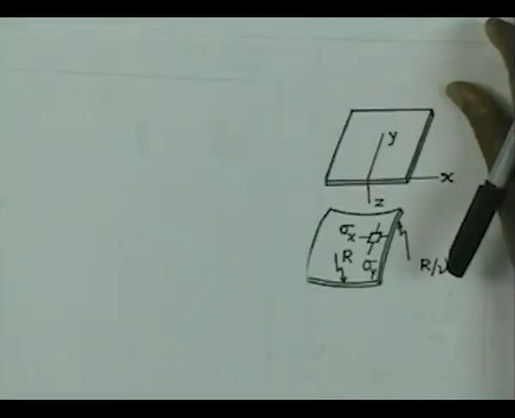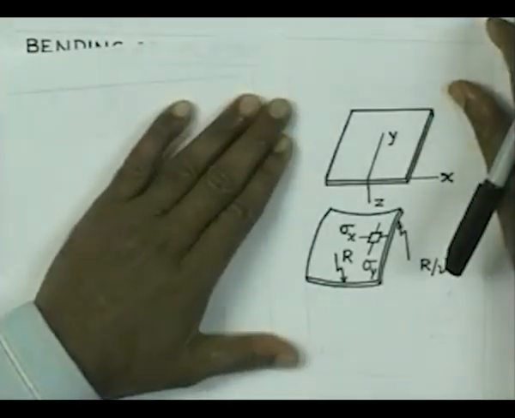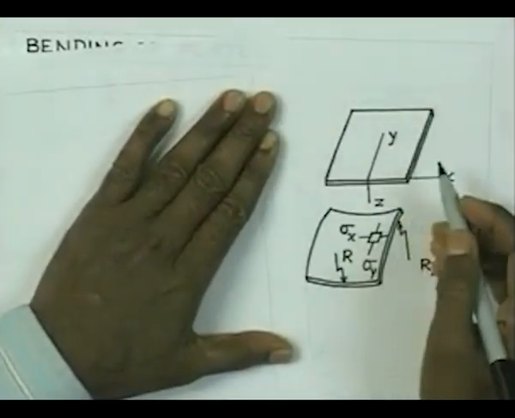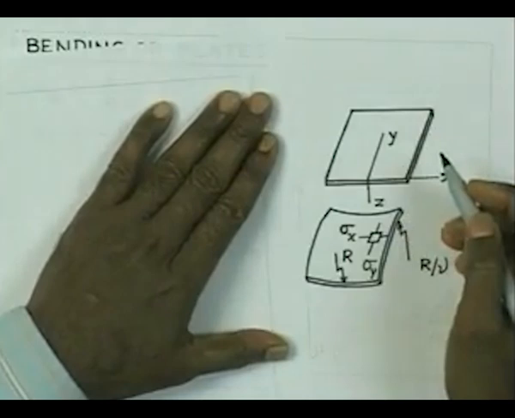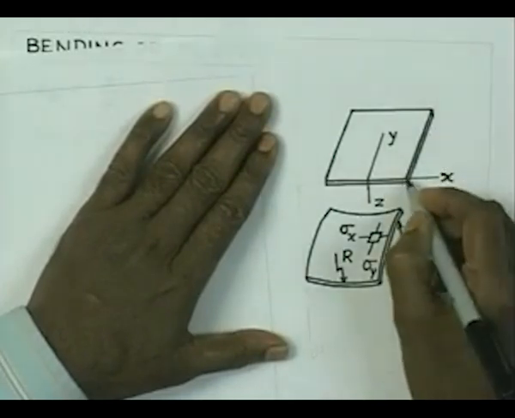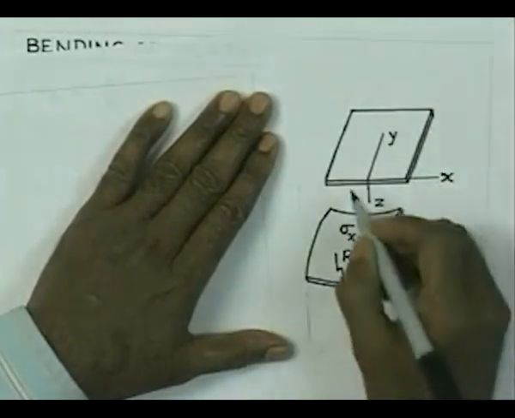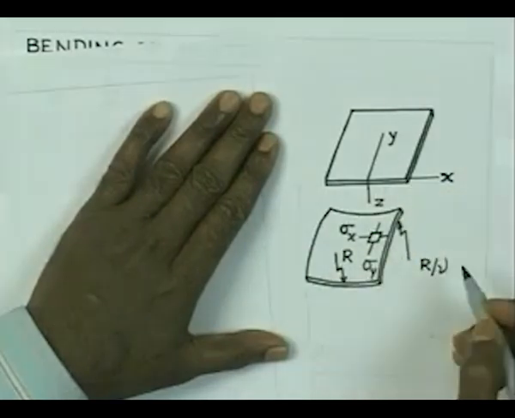Let us consider a rectangular plate which is very thin, the height is small compared to length or the width.